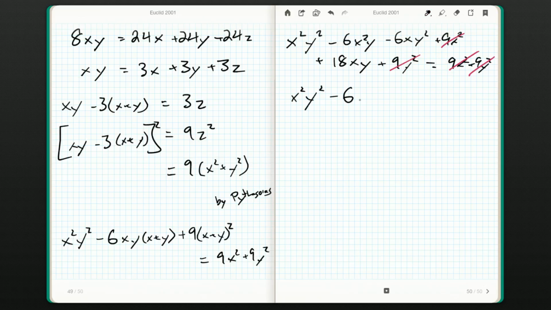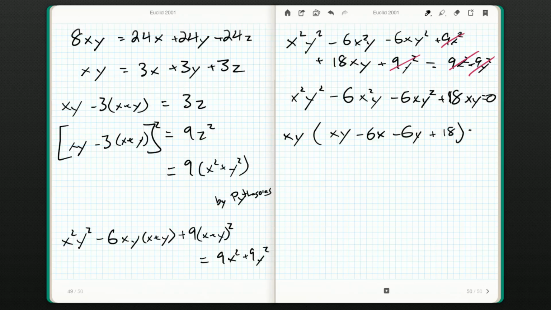Let's just make sure. Yeah, so I can take out an xy everywhere. So xy minus 6x minus 6y plus 18. Now this thing here in the middle, it really looks like I could factor it in some way.